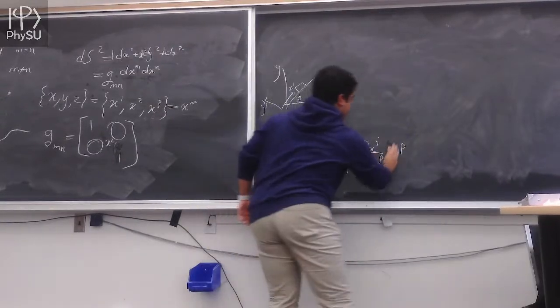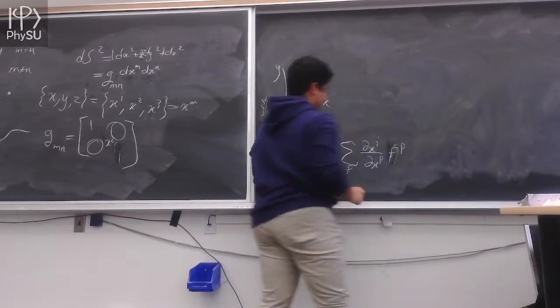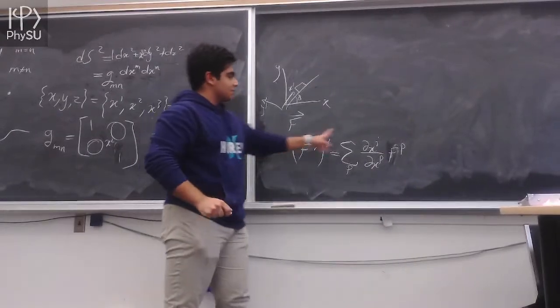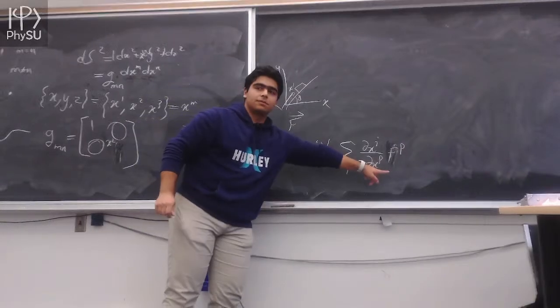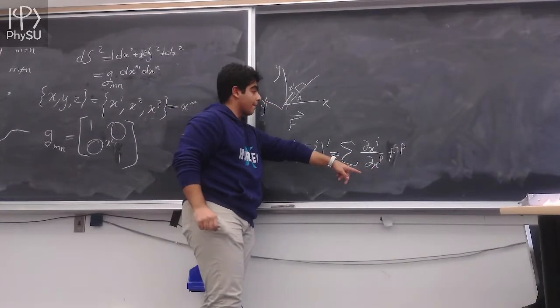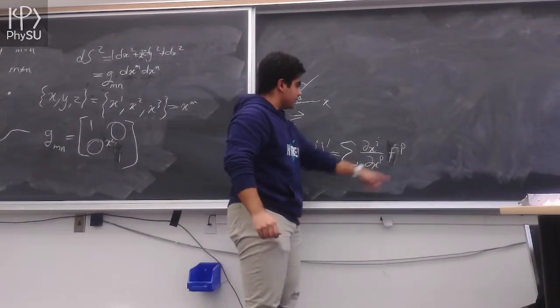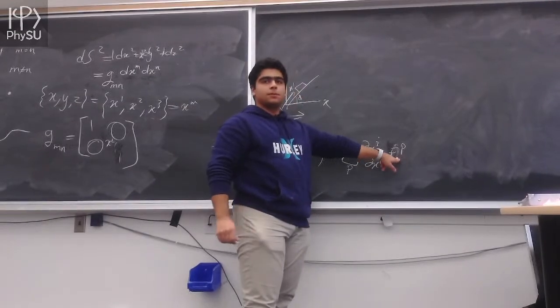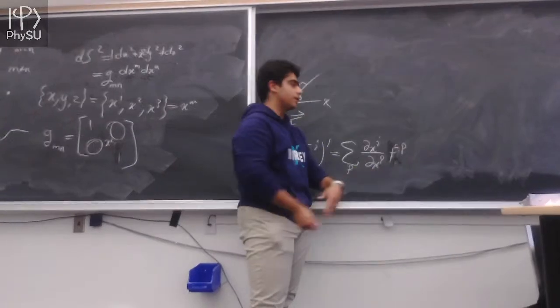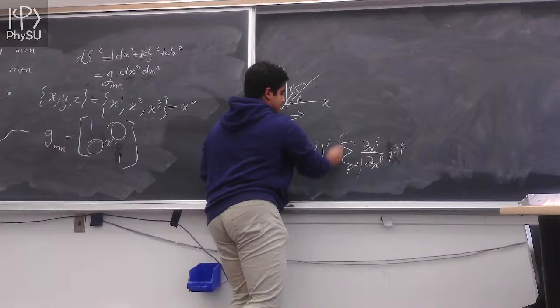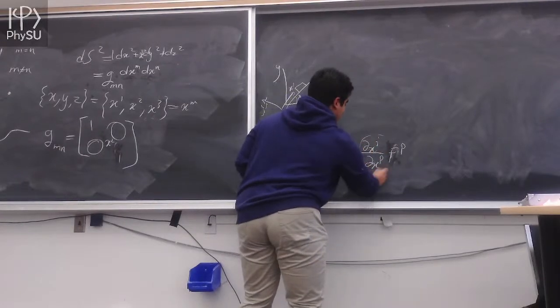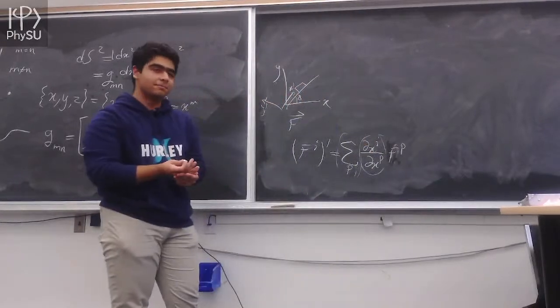Oh, not a B. It's an F. That is a transformation rule that our force vector follows from the prime frame to the unprimed frame. Okay, so we know what this is. That's the pth component of F. So if p is 1, then we're talking about the x component. We know what this is. Well, what is this? That's a really weird thing, right?